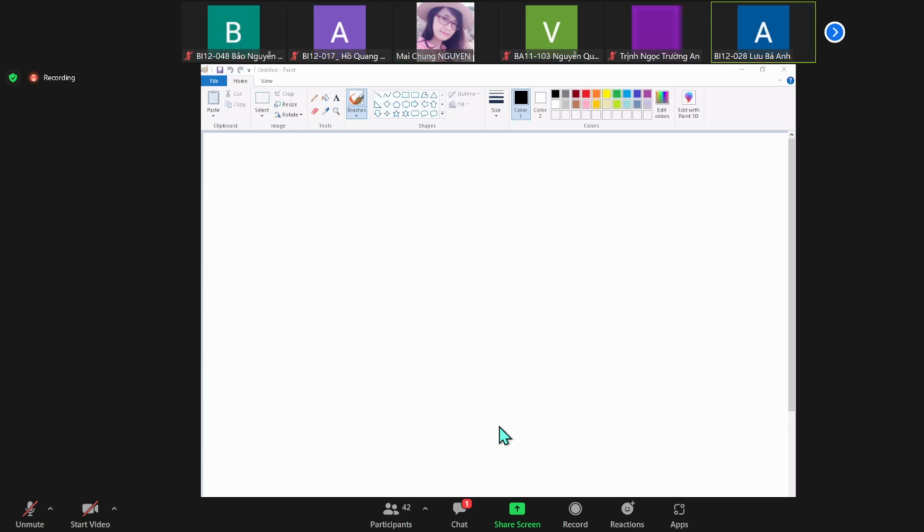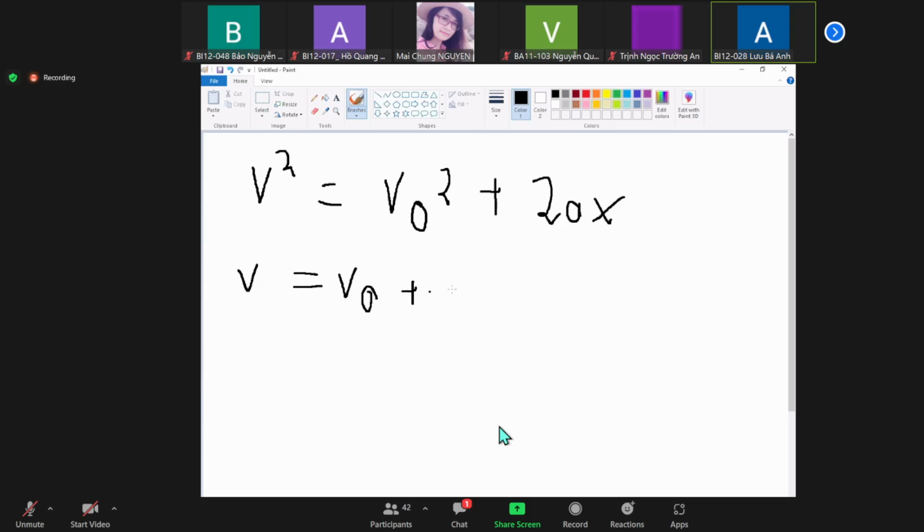Okay, first I have two equations: v squared equals v0 squared plus 2ax, and another equation, v equals v0 plus at.